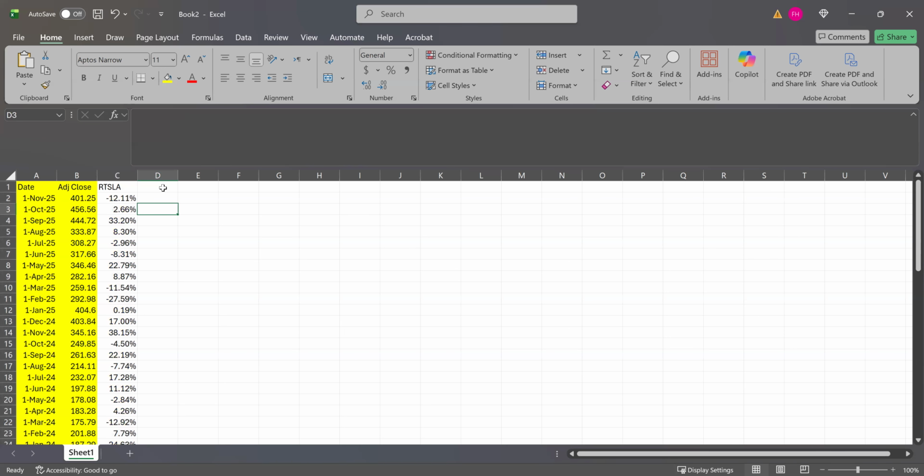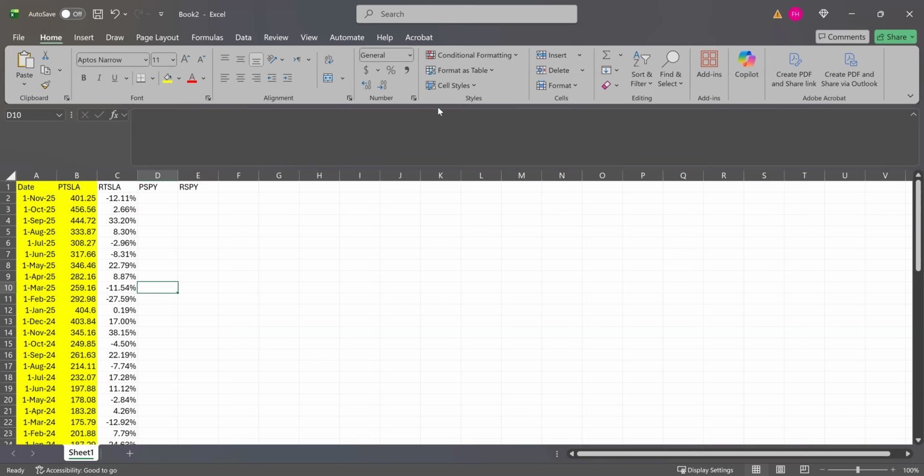After computing the return of Tesla, I need to compute the return on the market. So for this example, I'm gonna use, let's say the SPY. So I'm gonna have the price of the SPY, and I'm gonna later on compute the return on the SPY.